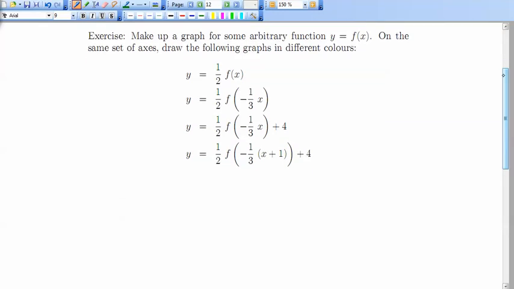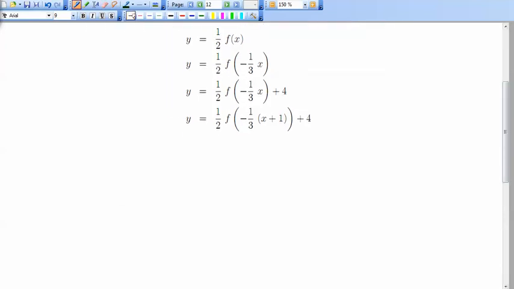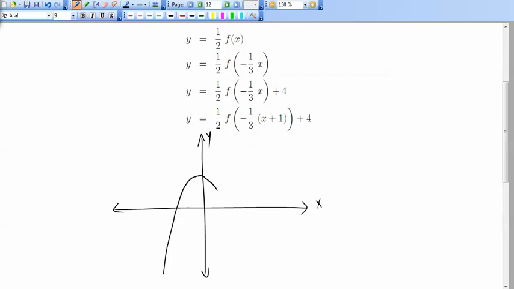Okay, so we're going to start with an arbitrary f of x and do each one of these transformations. All right, so I'm just going to make something up here. It's completely arbitrary. So I'll make something kind of extreme.